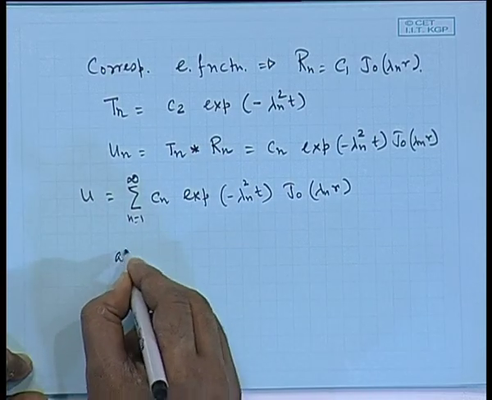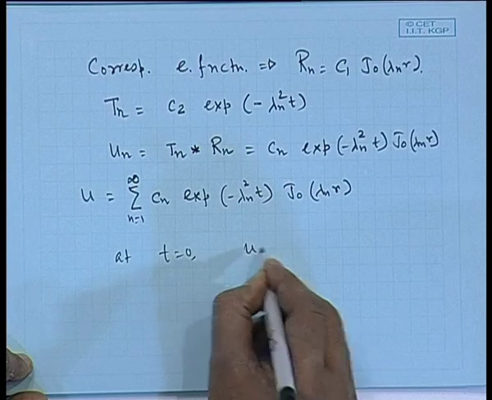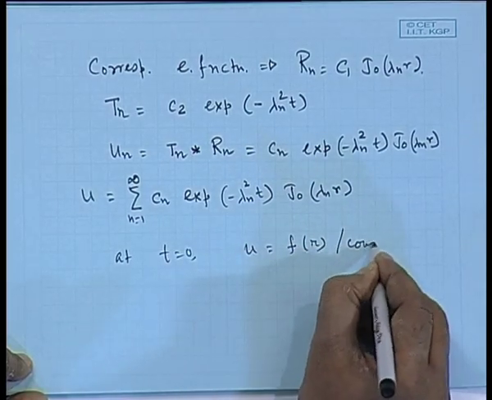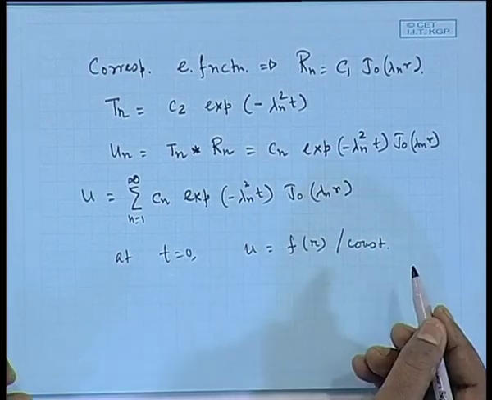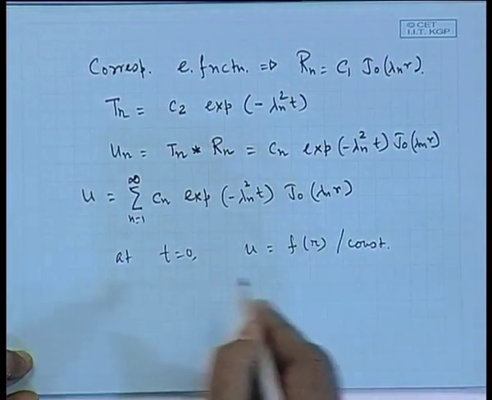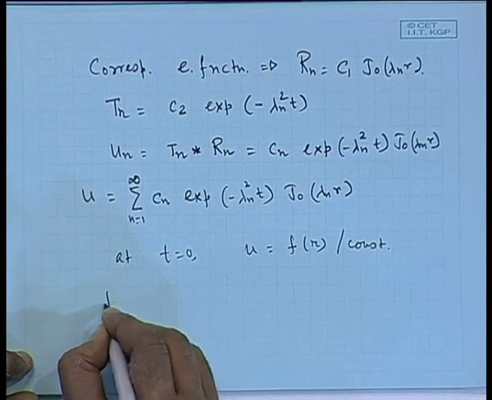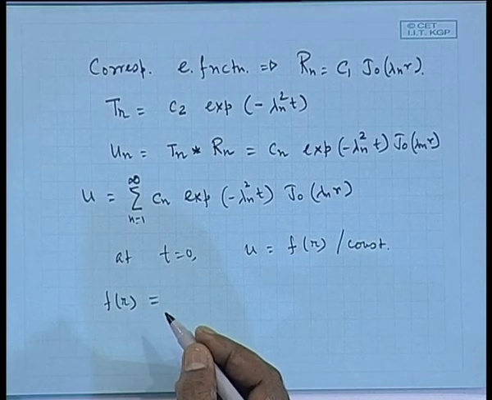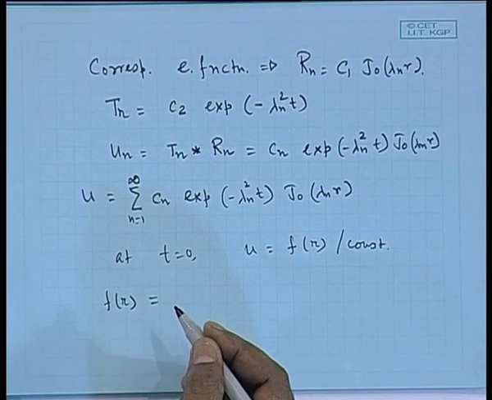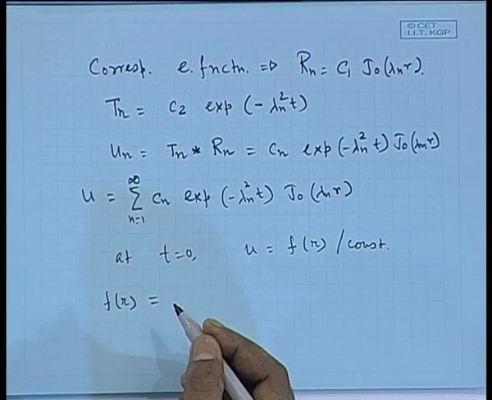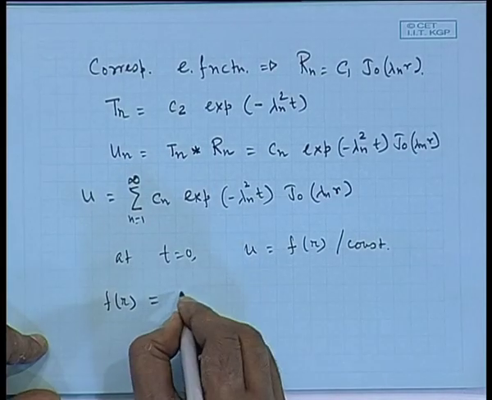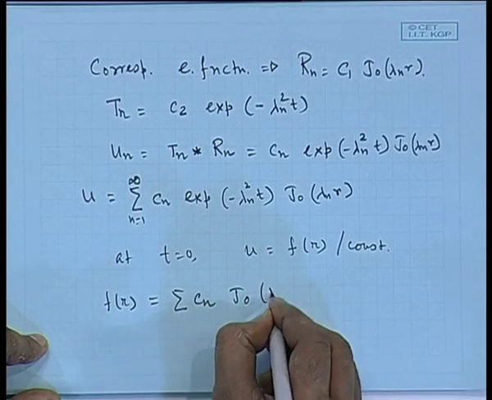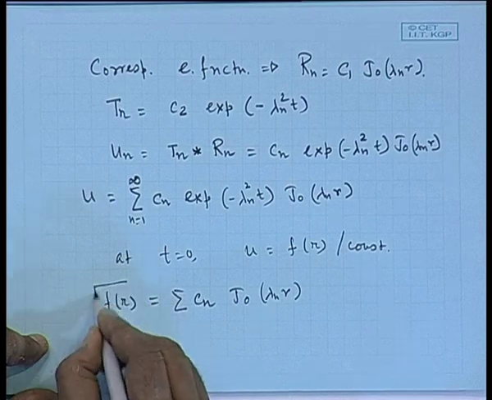If you remember, at time t equal to 0, U was equal to some prescribed function f of r or a constant. It may be r, it may be 1 minus r square, it may be 1 minus r, it may be r square plus 2 plus 3r, whatever. So this becomes the summation of Cn J0 lambda n r.